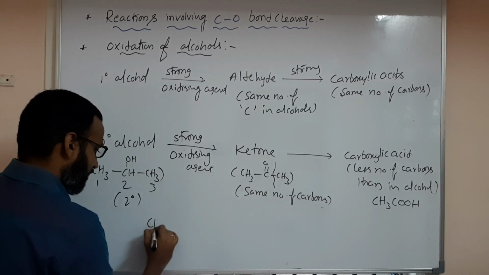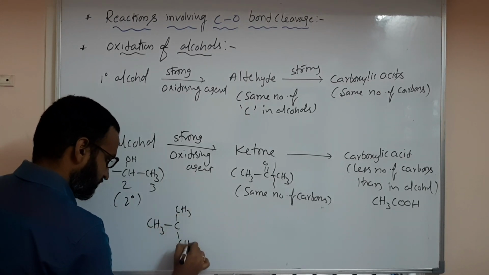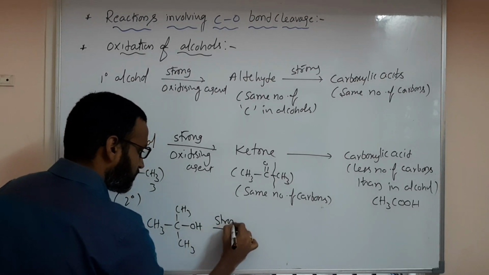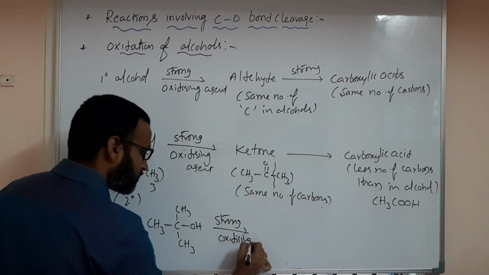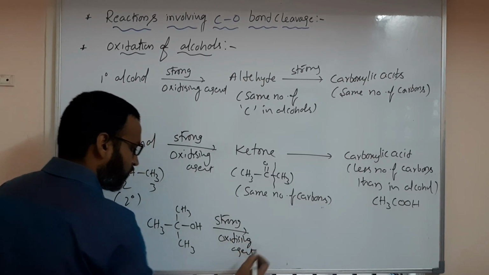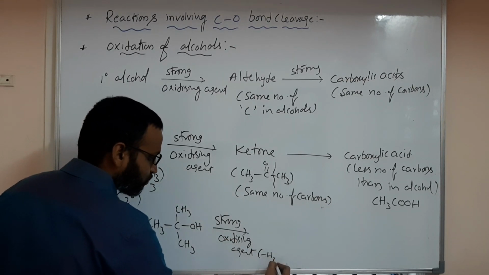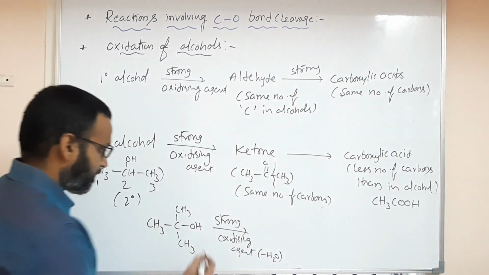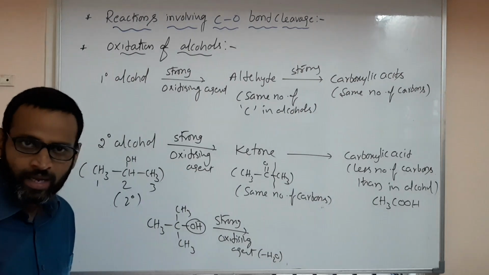Sir, when I am taking tertiary alcohols like this, CH3, CH3, CH3, OH, and adding this strong oxidizing agent, then what happens, sir? It means dehydration, minus H2O. You can guess now what happens. So OH from one carbon, and one hydrogen from the adjacent carbon, you have to remove.